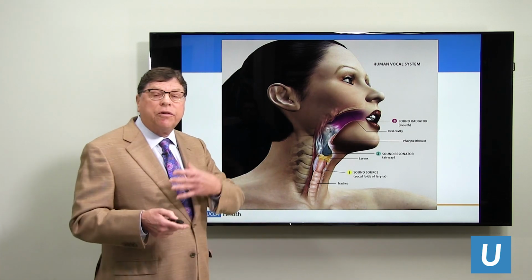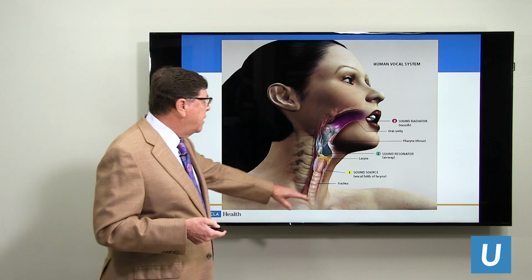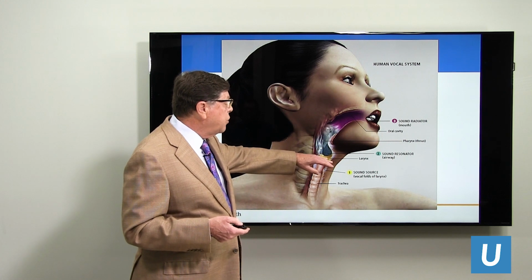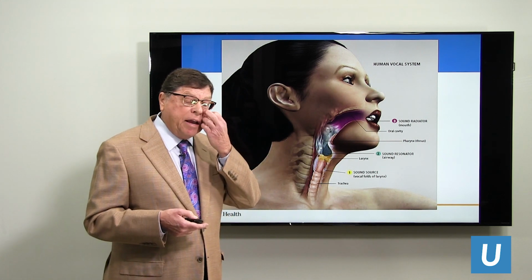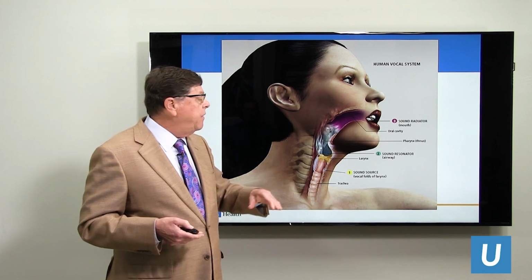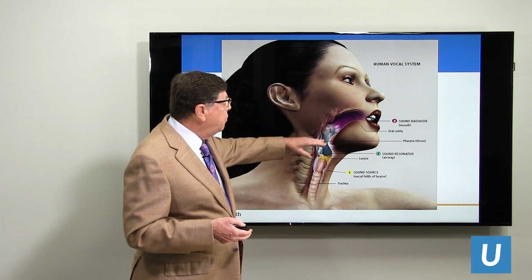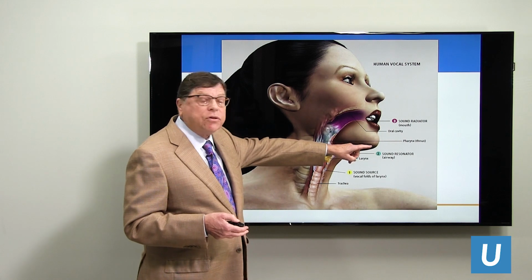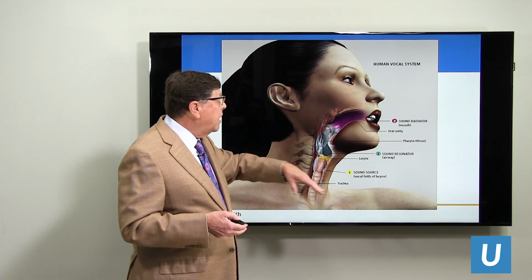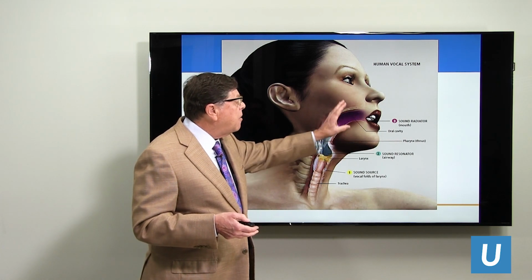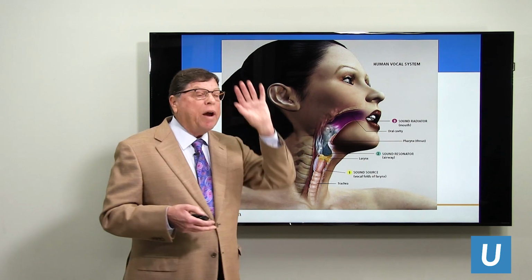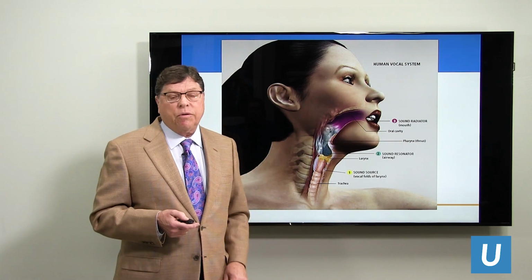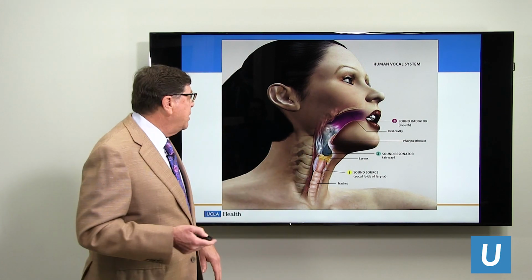So, in a similar way of looking at it, the sound source really is our vocal folds. They vibrate and they make noise. And then that sound is passed through our vocal tract, which is really our airway, which is the sound resonator. And then our lips and our mouth actually radiate that sound out to you. And we'll look at that in a little bit more detail here.